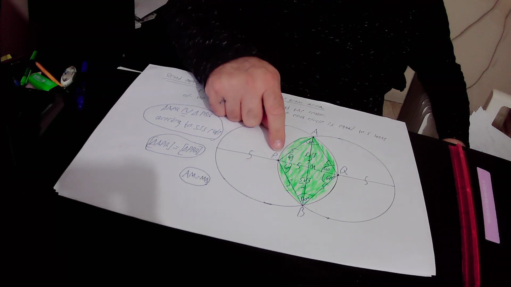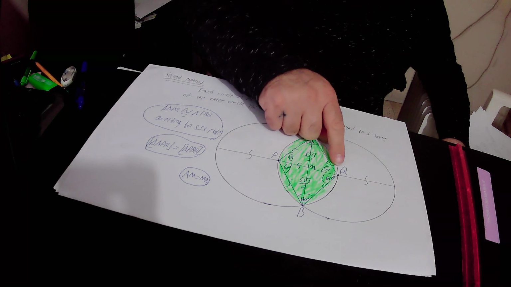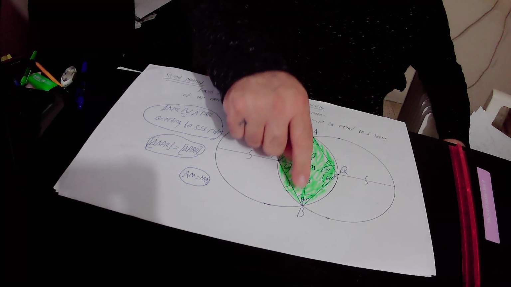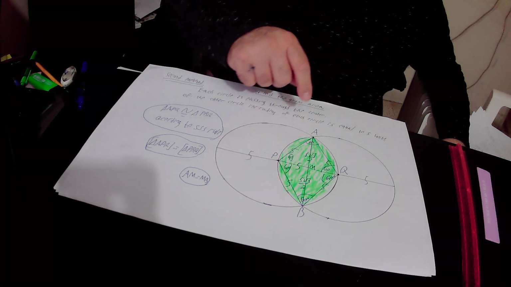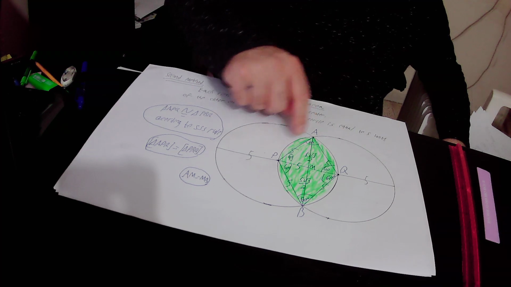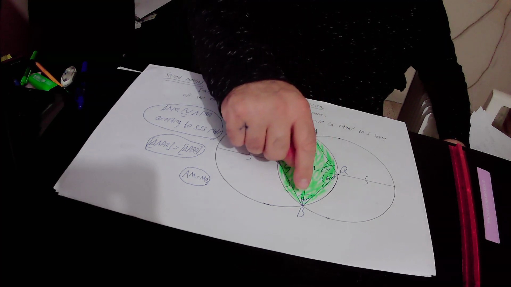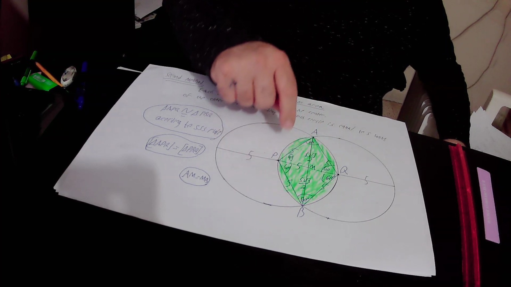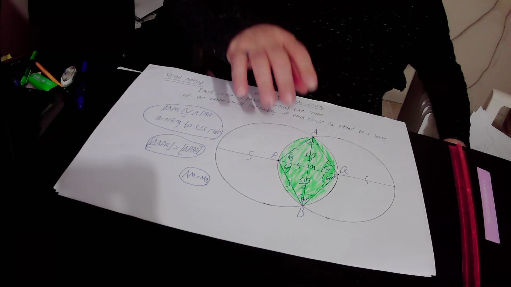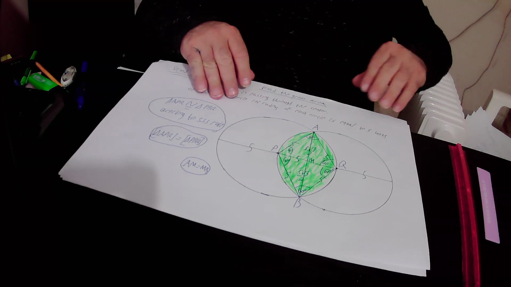We defined the center of this circle as point P, the center of this circle as point Q, the first intersection point as A, the second intersection point as B. Then we join together points A and P, points A and Q, points Q and B, and points B and P. We know that all those line segments are equal to 5 units. They are the radiuses of those circles.